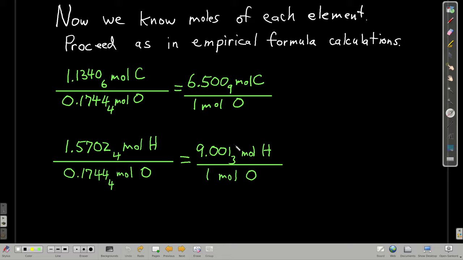Now, remember the rule: at this point we look at these numbers, and if they're within 0.1 of a whole number, we get to just round to the whole number. But this isn't, which means we have to multiply by something over itself. Do you know what we're going to multiply by? Yeah, 2. 2 over 2, right? And if we multiply one ratio by that number over itself, we have to do everything in that compound, so we have to do this too.